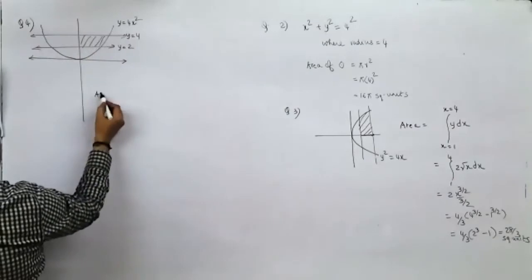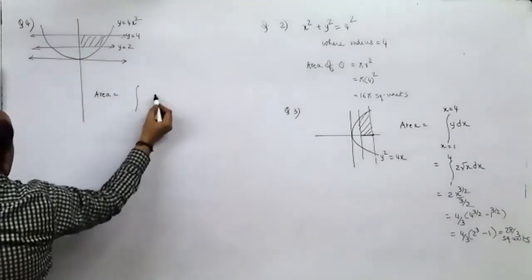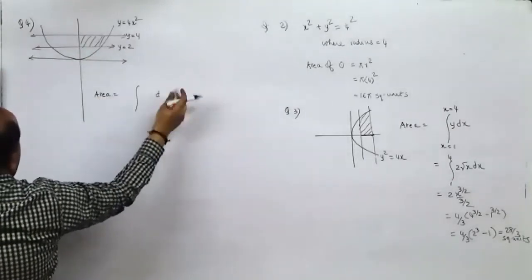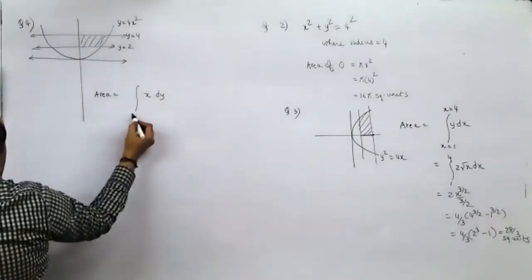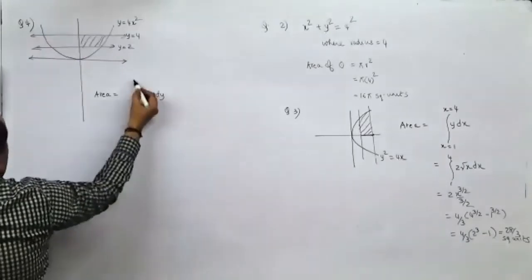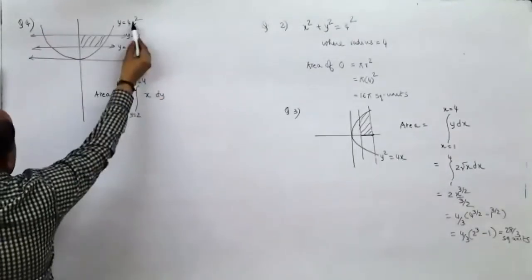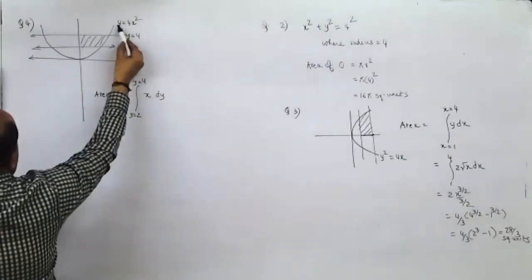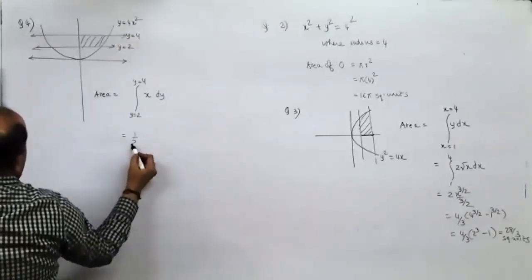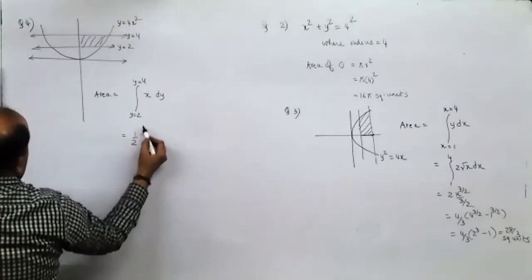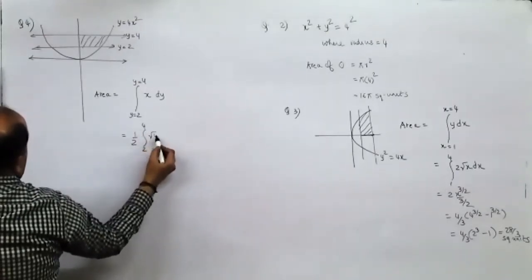Now area would be equal to, first of all, write here dy, because it is between the curve and the y-axis. Then write here x, write here y equal to 2 to y equal to 4. This x is x square is y upon 4, so x is root y upon root 4. So it is half, and this would be 2 to 4 root y dy.